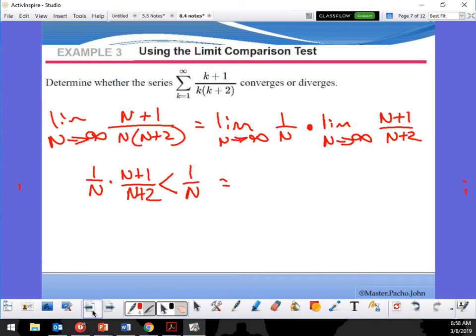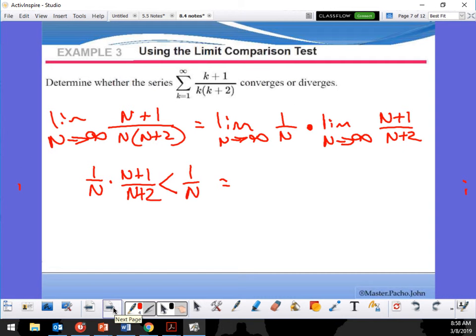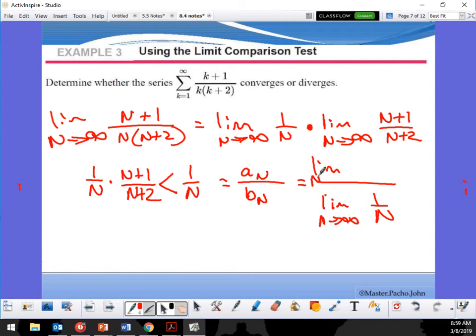b_n is my bottom, so I'm comparing it to some number on the bottom. My b_n is going to be the limit as n goes to infinity of 1 over n, and then the limit as n goes to infinity of 1 over n times 1 over n plus 1 over n plus 2.